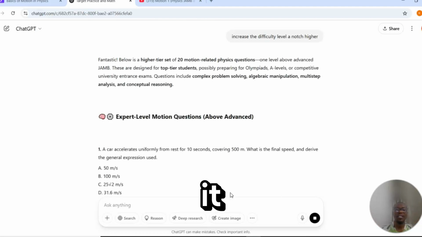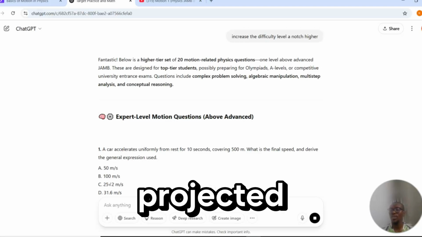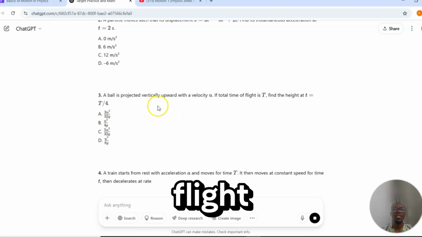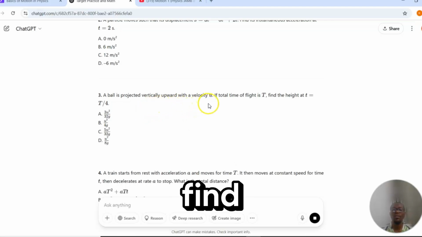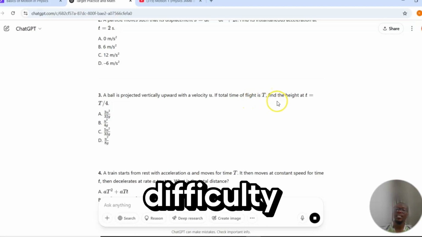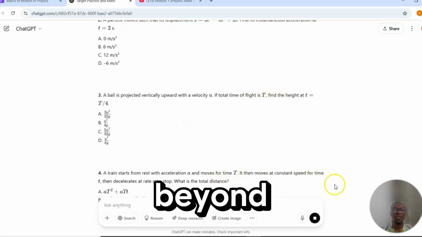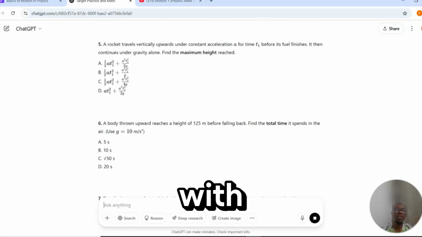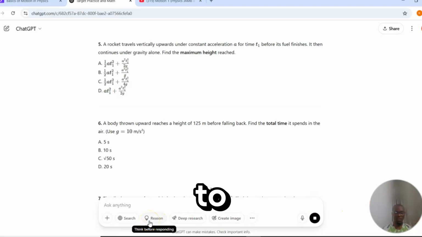Continue to increase it, continue to increase it. A ball is projected vertically upward with a velocity of u. If the total time of flight is t, find the height at t. So you can just go on and increase the difficulty level until it's way beyond JAMB, and you practice with it. As long as you practice with it, you will find that JAMB becomes very easy to pass.